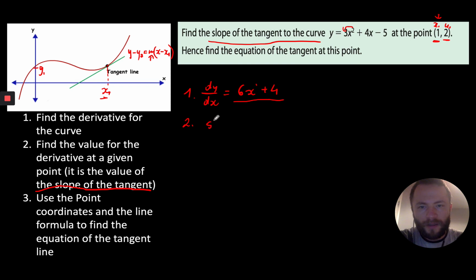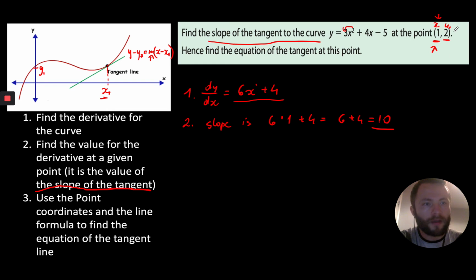So the slope is 6 times 1 plus 4, which is equal to 6 plus 4, which is equal to 10. The slope is 10, and the reason is that the value of the derivative at the point with coordinate x equal to 1 is 10.